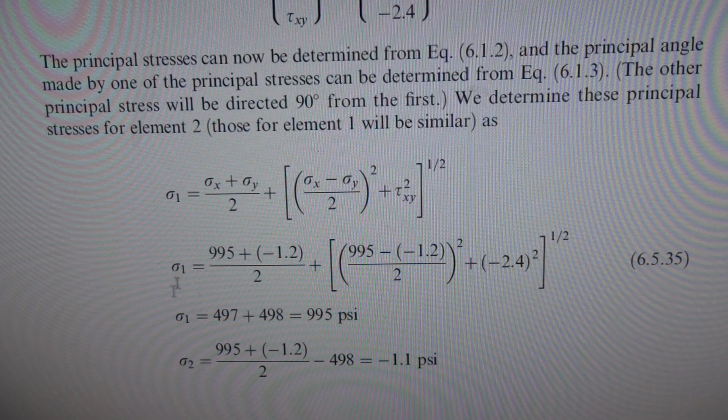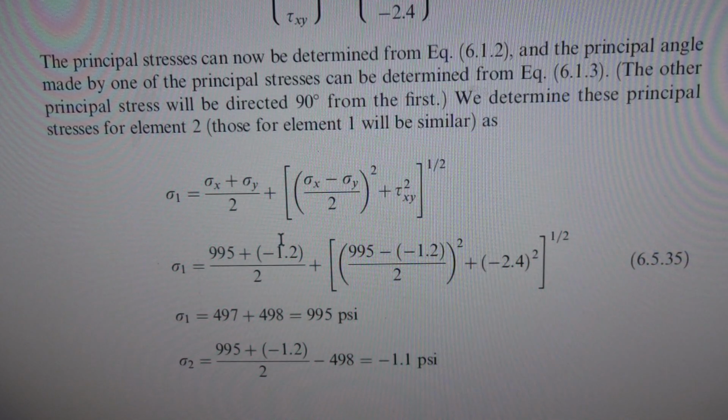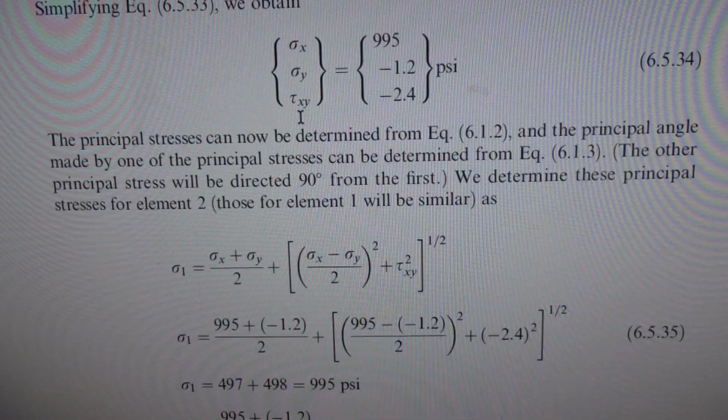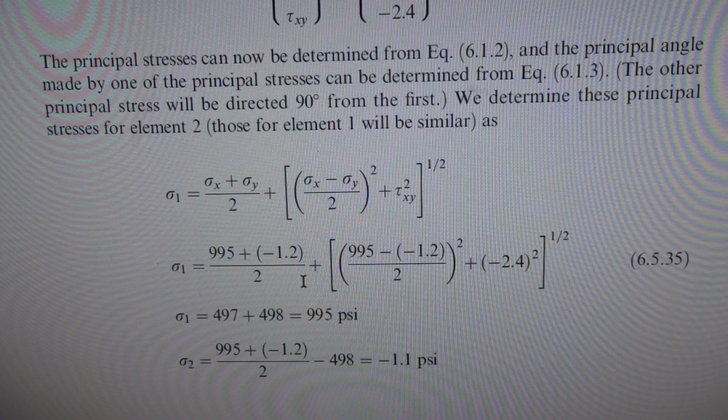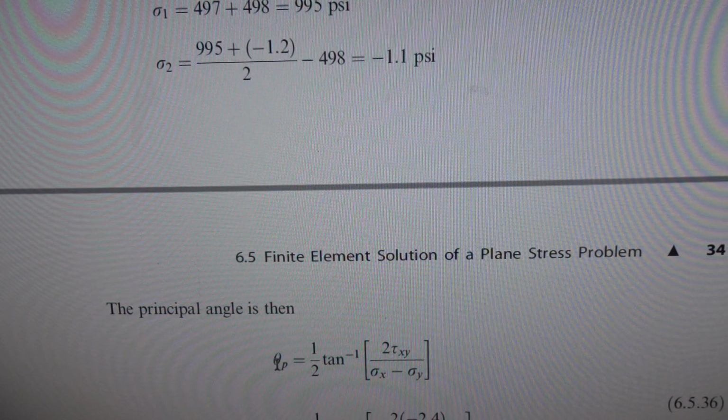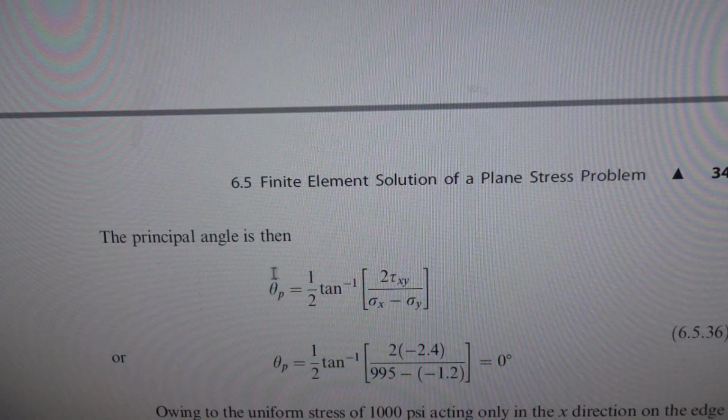What are the principal stresses? You know the strength of materials formula, and use it for element 2 principal stresses. This one is sigma 1, this one is sigma 2, and theta p is the principal plane.